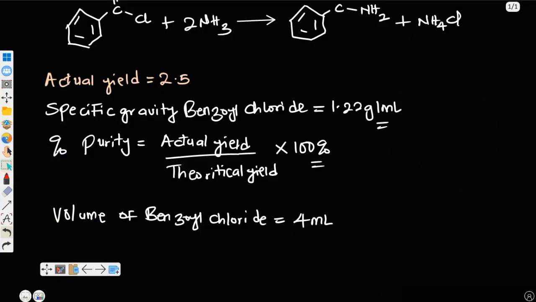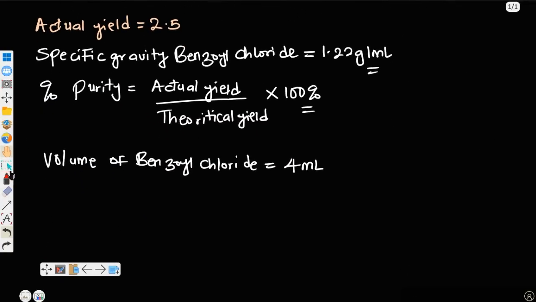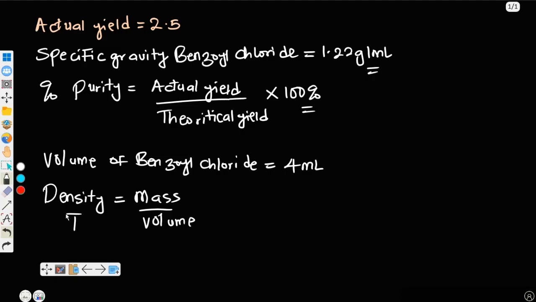Now let's look at this. It's very easy. Now what is specific gravity? Still the same thing as what? Density. Right? So we can say density, which is the same thing as specific gravity, is mass all over volume. Are you getting it?